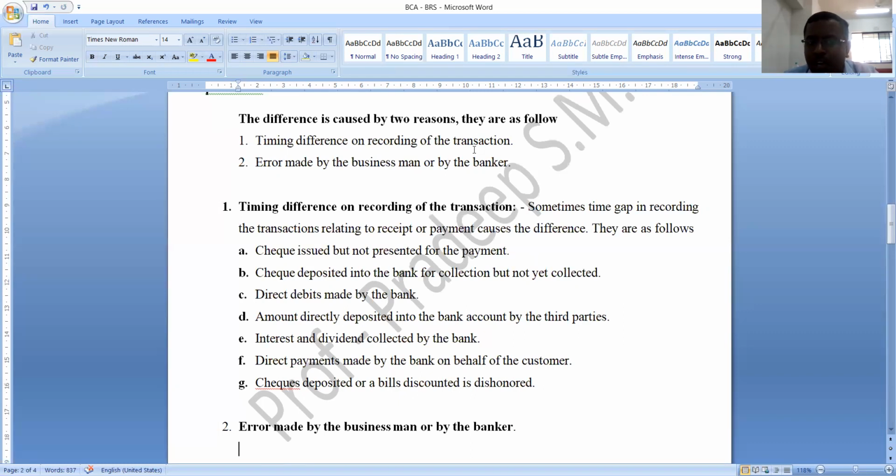Now let's see what are the timing differences of recording of transactions that cause the difference between cash book balance and passbook balance. See here, first one is check issued but not presented for payment.